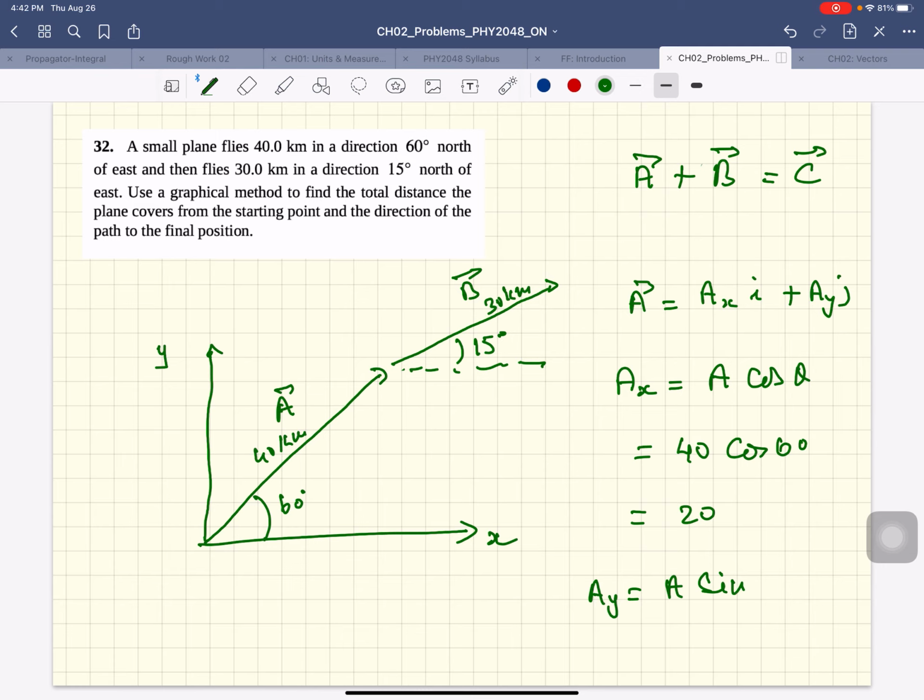A sine theta. Okay, and these formulas work as long as the angle is measured counterclockwise from the x-axis, which in our case it is. Okay, and of course the units are kilometers.